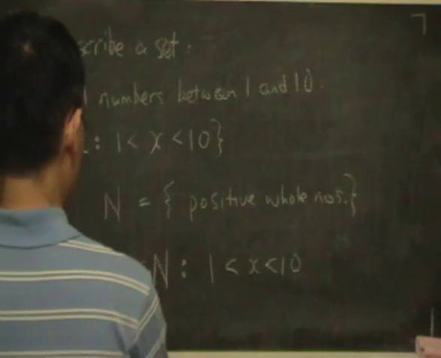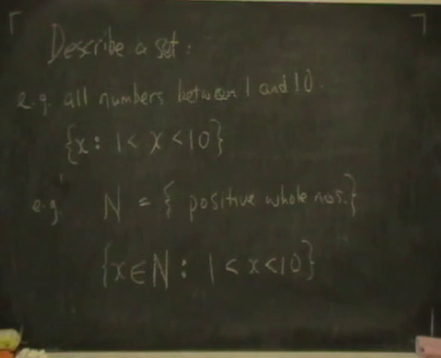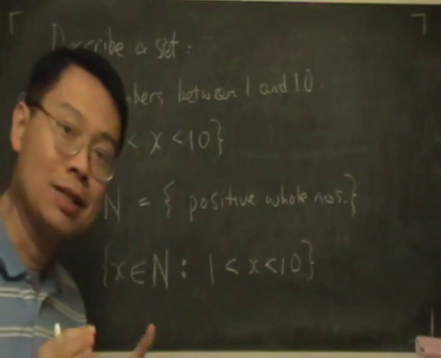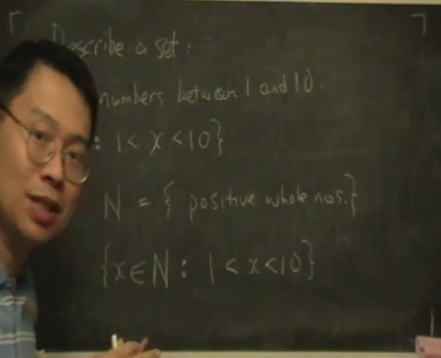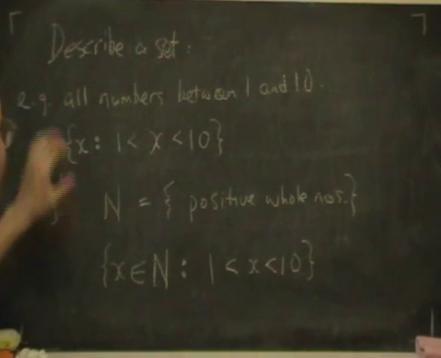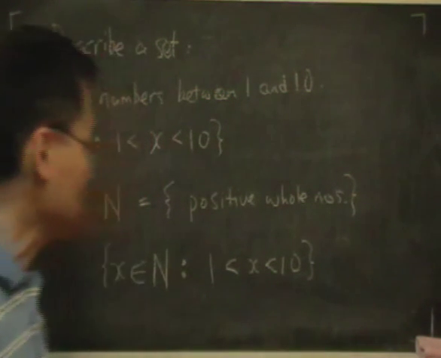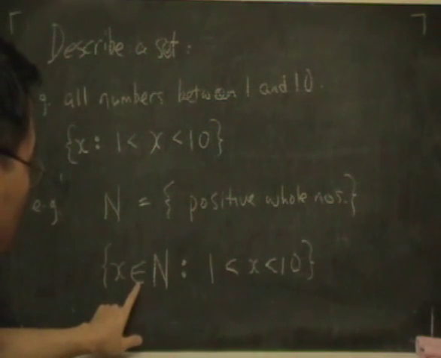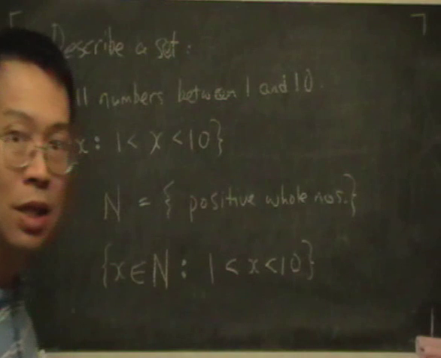And to show that this is a set, I put curly brackets around them. So now I have again a short, compact notation that describes this set, rather than saying that X is a positive whole number and it is between 1 and 10. That's a very long sentence, so I write it down this way, using these symbols.